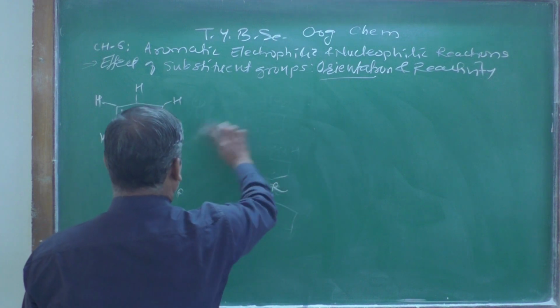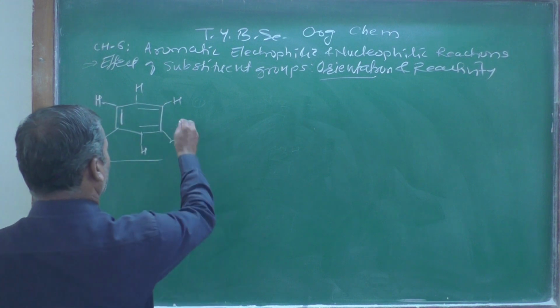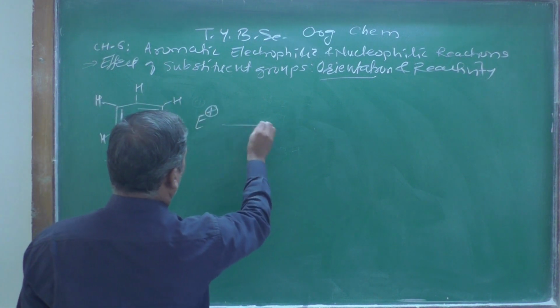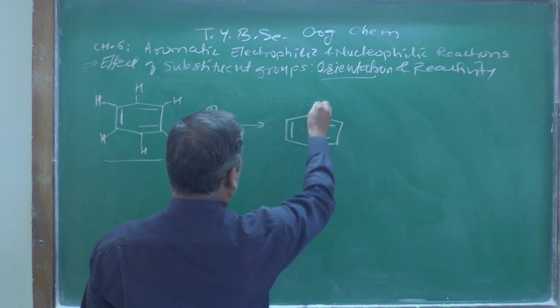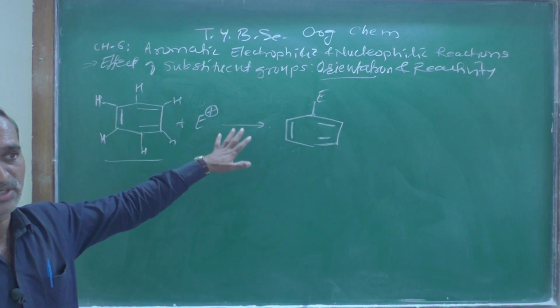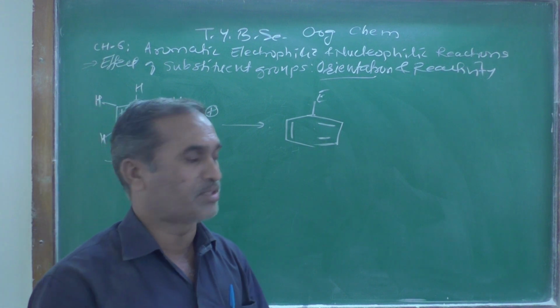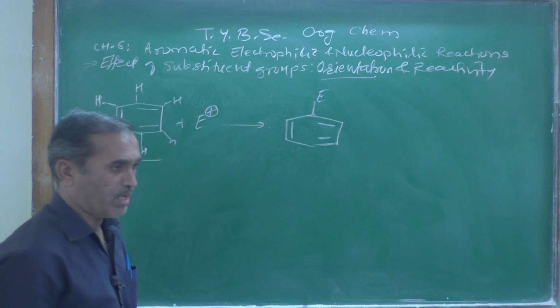In general, if you add an electrophile here, because they readily undergo electrophilic substitution reaction, we get this product, just like nitration, sulfonation, halogenation, Friedel-Crafts alkylation. Only monosubstituted benzene we are getting.